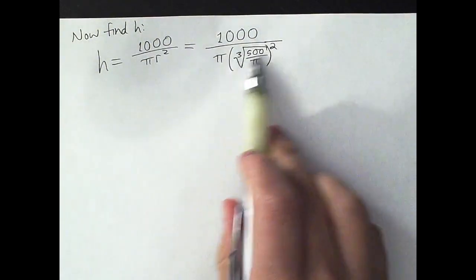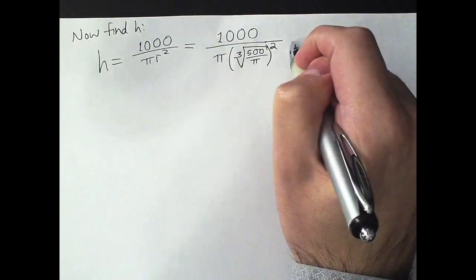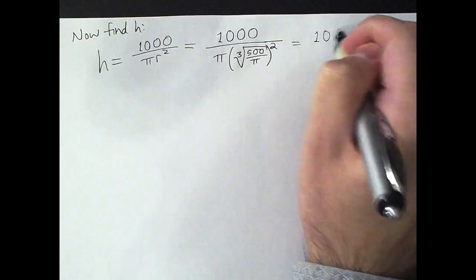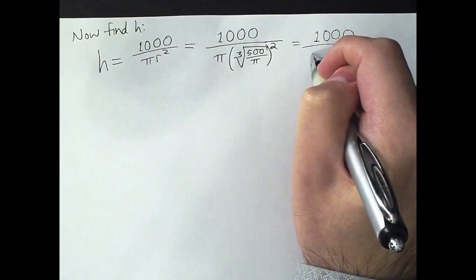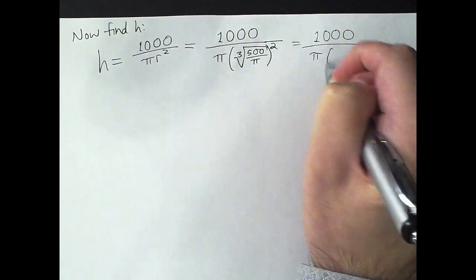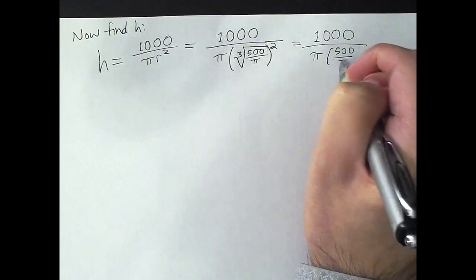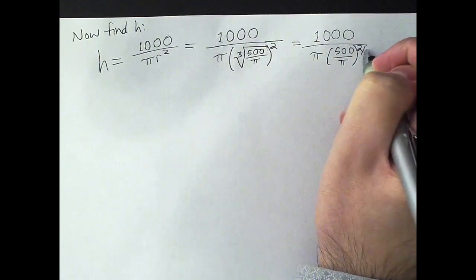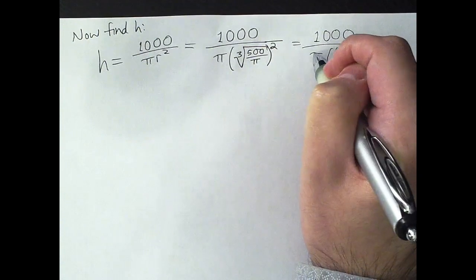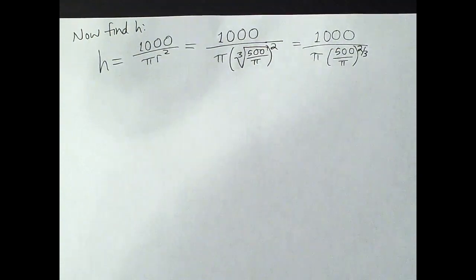Well, we have a cube root of something and it's getting squared. So one thing that you could do is write it as 1,000 over pi times 500 over pi to the 2/3. So I used a little property of exponents there that says if you're squaring something and doing a cube root, that's the same as raising it to the 2/3.